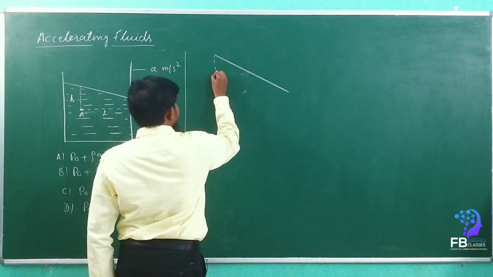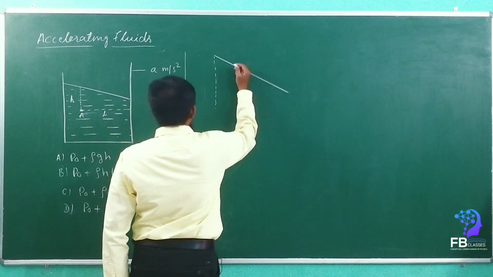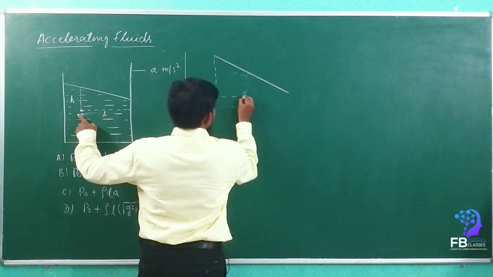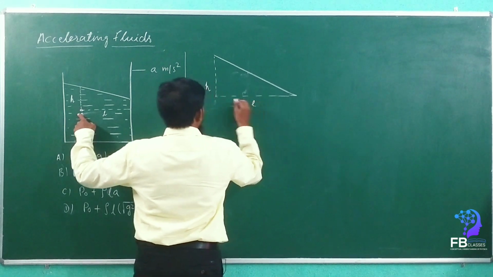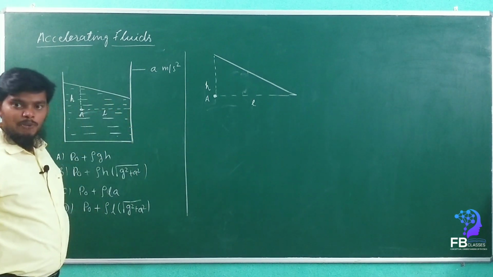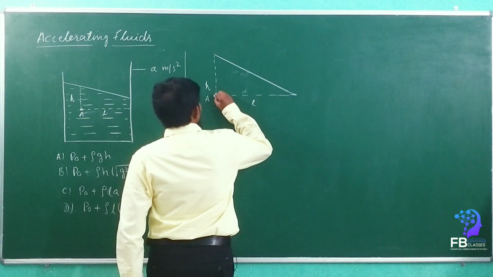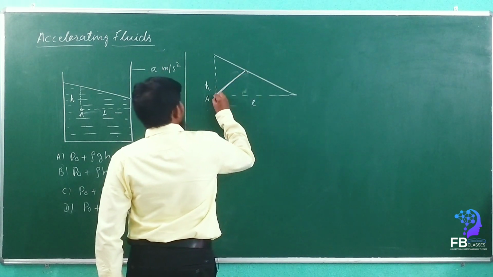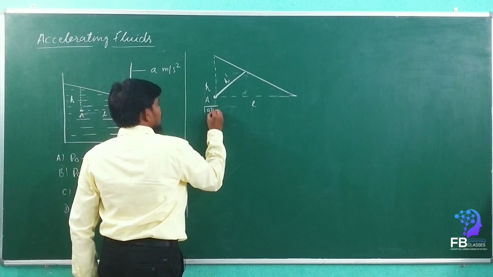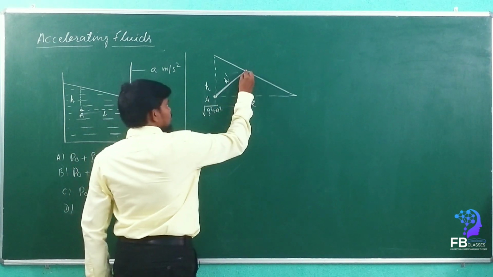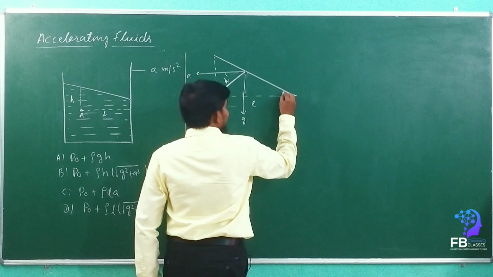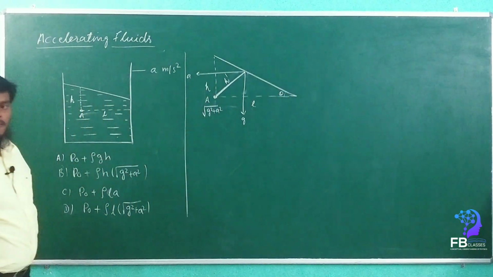See here, consider this is the point, at height h and length L. This is the point A, so on this point A we have to write. Now this is the effective height, that is h dash, and this is root of g square plus a square, because this is g and this is a, and this angle we consider as theta. Got it?